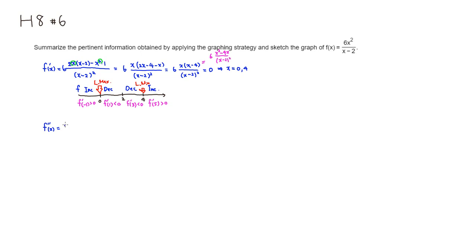All right, 6 is just a constant. I'll just put it there. Then we have quantity x minus 2 squared, so it's going to be the 4th power.